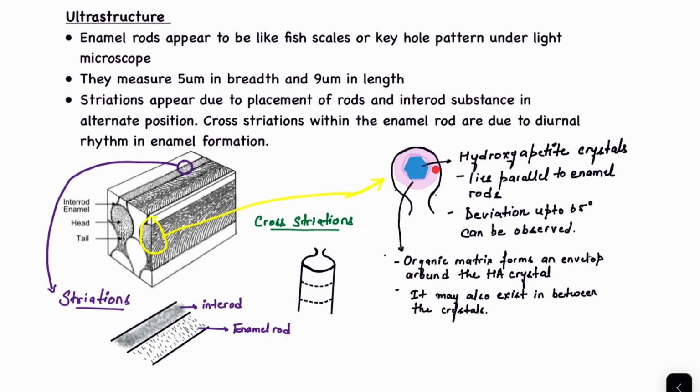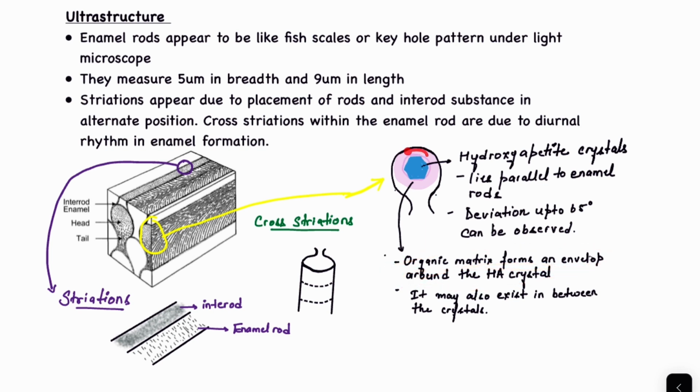It lies parallel to the enamel rods. Deviation of up to 65 degrees can be observed. So generally it's parallel to the enamel rods, but sometimes it might be tilted slightly, up to 65 degrees. Organic matrix forms an envelope around the hydroxyapatite crystal.